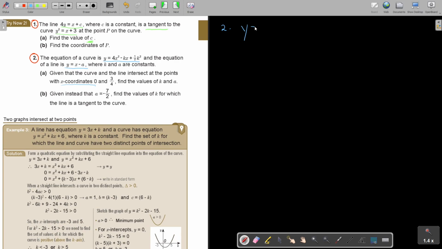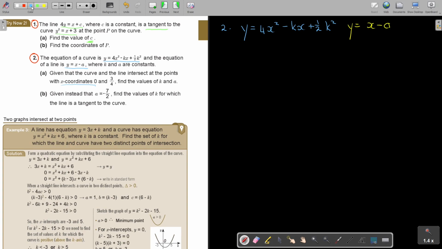So y is equal to 4x squared minus kx plus a half k squared. That is the one equation. Okay, I just want to move up here. Let's go to the second equation. So the second equation is y is equal to x minus a.